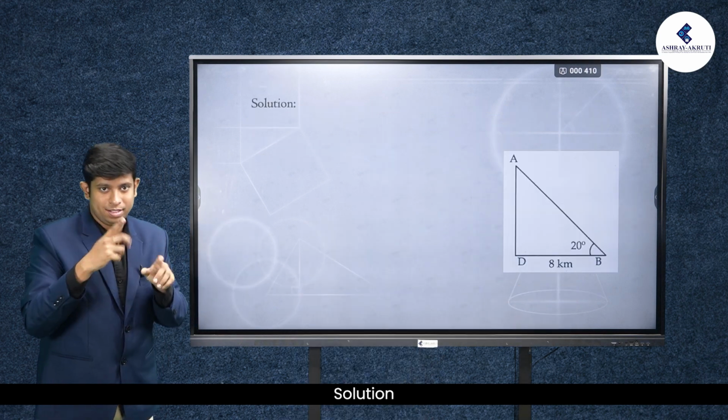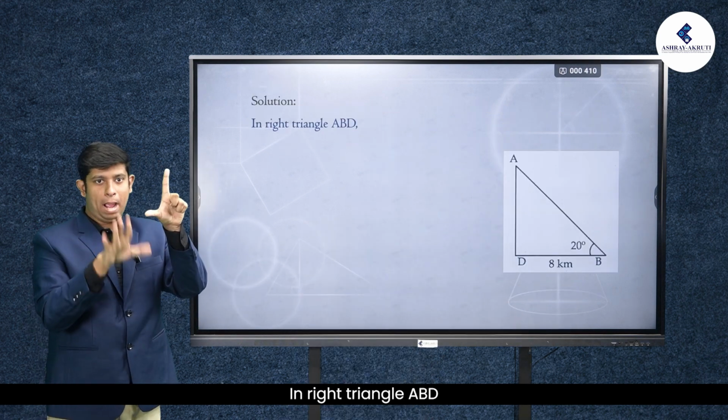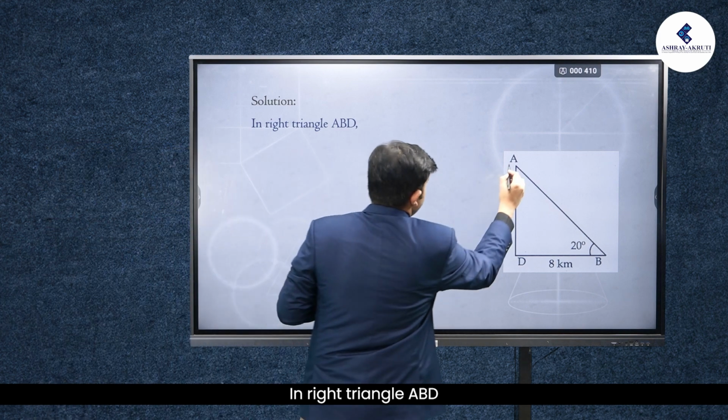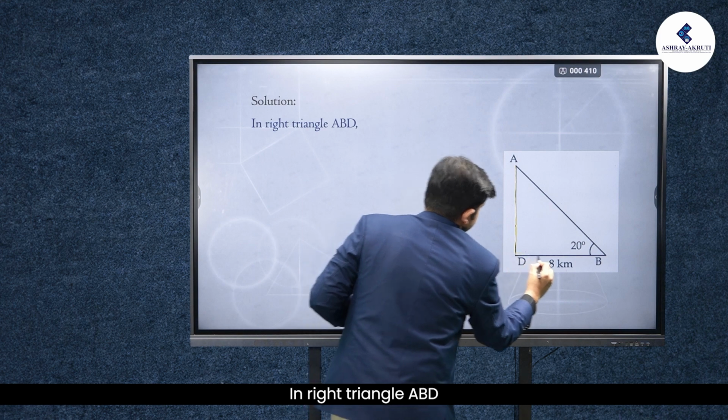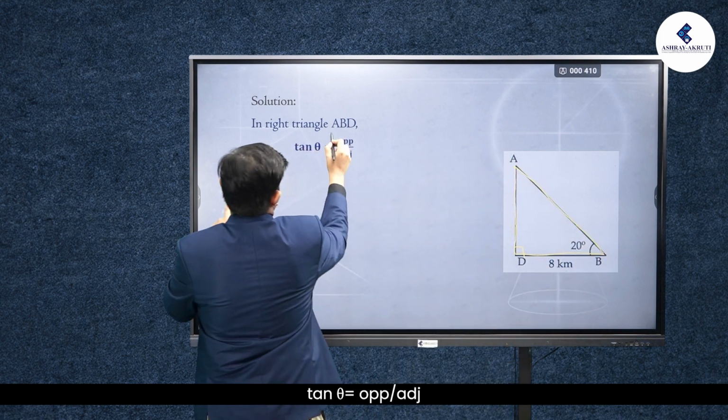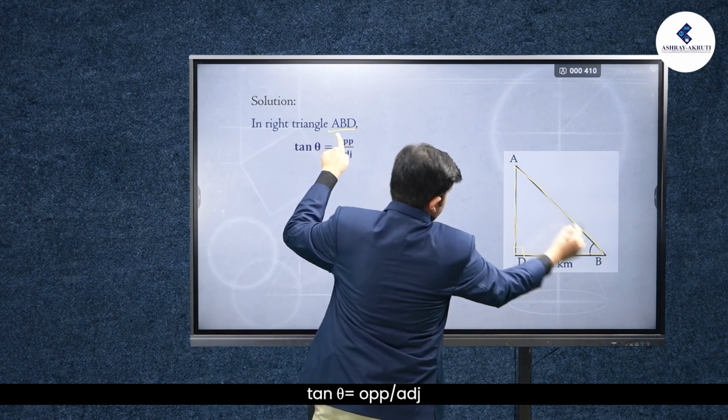Solution. In right triangle ABD, tan theta is equal to opposite by adjacent side.